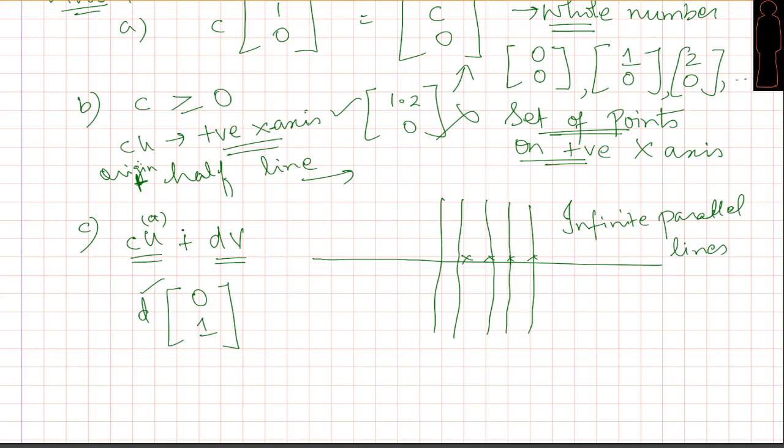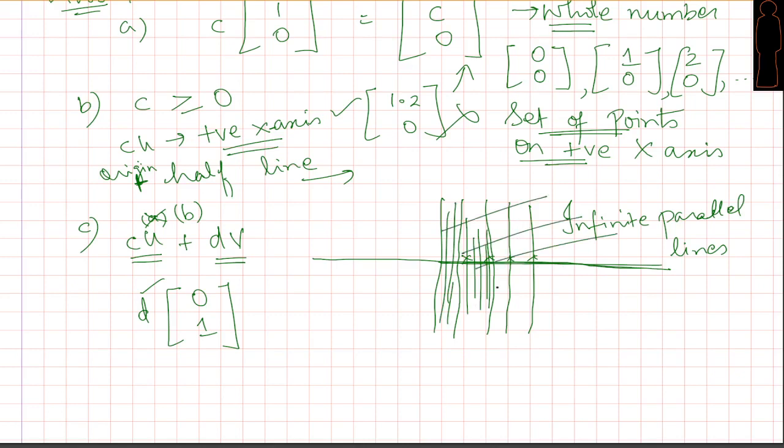Okay. Similarly, let us discuss, instead of case A, what would happen if we talk about case B, where Cu now is not just the set of points, but every single point on the x-axis is now included, but it's only the positive x-axis. Now if we add dv to it, you can very easily understand that the number of lines is going to increase. So we are going to have lines here, we are going to have lines here, we are going to have here. Now even in between them, so if you extend this idea, what do we get?